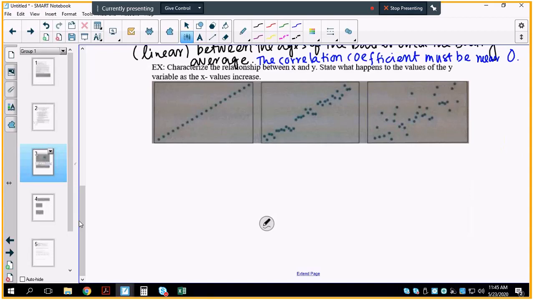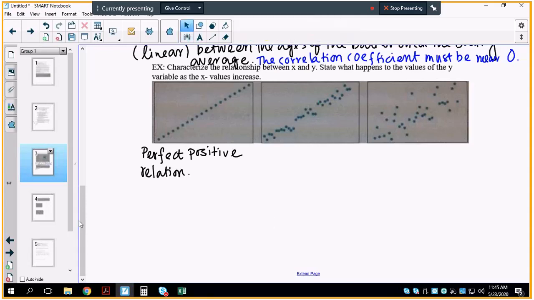I would say, first, characterize the relationship. I would say perfect positive relation. And then I'm going to answer the next question, which is asking me to state what happens to the values of y when values of x are increasing. As I said, this is the interpretation of the correlation coefficient.